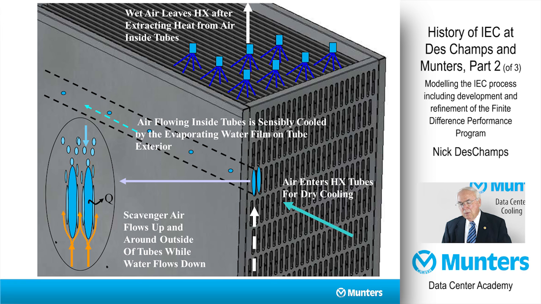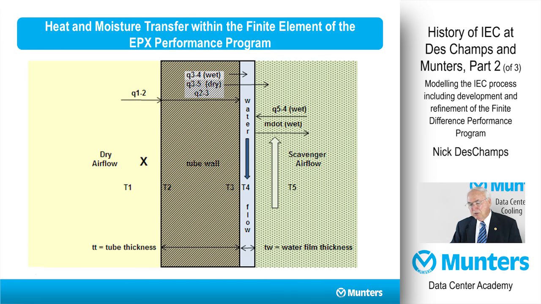And here's what is actually taking place in that tube. You have air on the inside of the tube transferring heat into the tube wall itself. And then on the wet side, you have a water layer on the outside of the tubes that range between 1 and 2 mils thick.